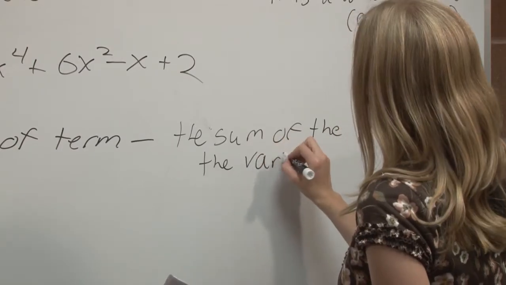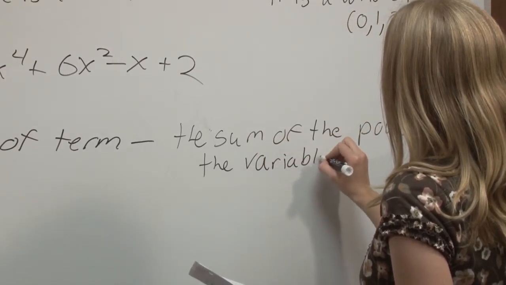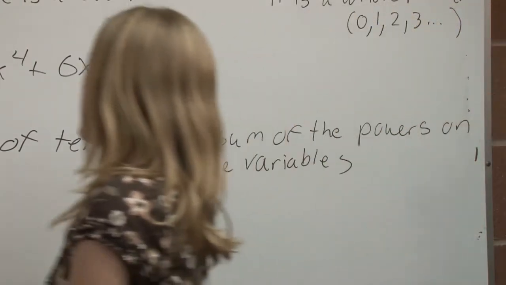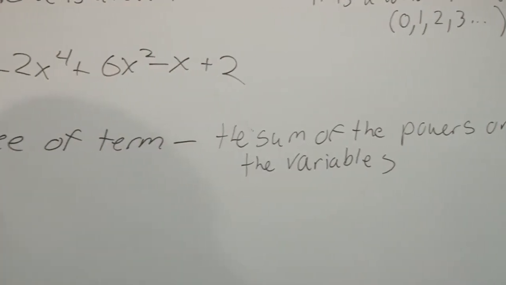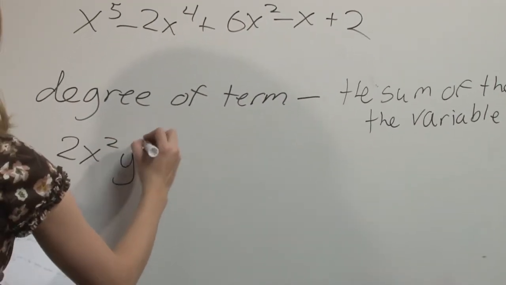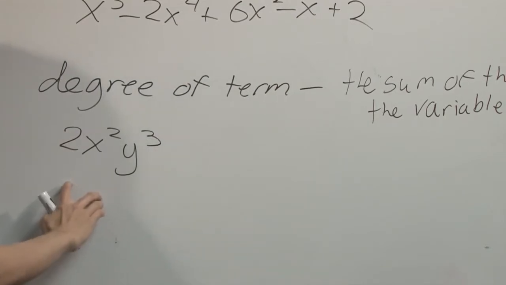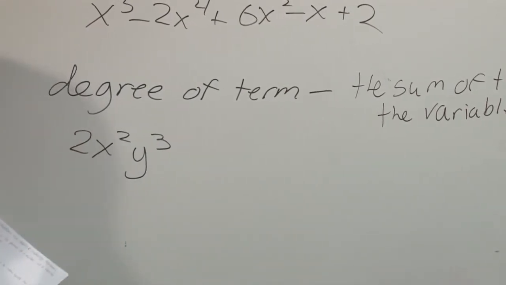So a term can have more than one variable. Like, for example, 2x squared y cubed. This is still all one term, but it has multiple variables.